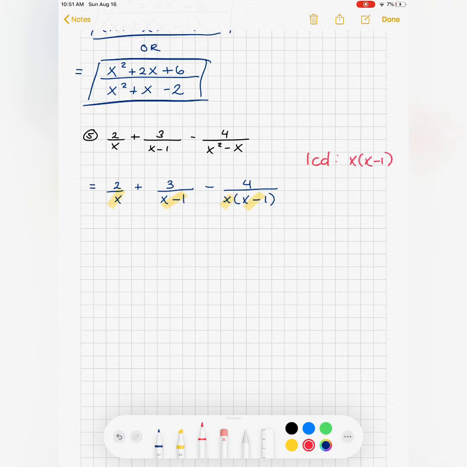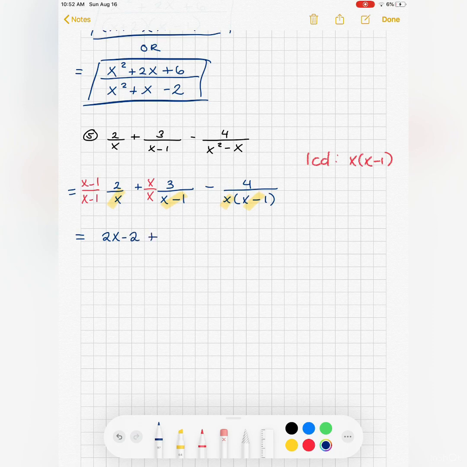So my LCD would just be that x times x minus 1. So the first fraction, it's just missing the x minus 1 factor. The second fraction is just missing the x factor.